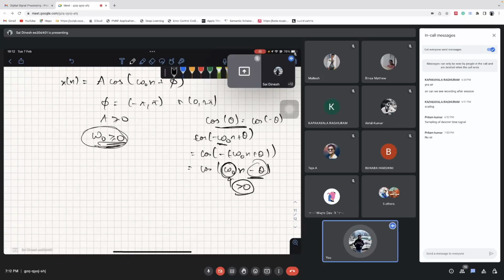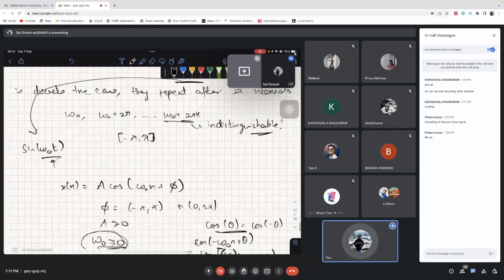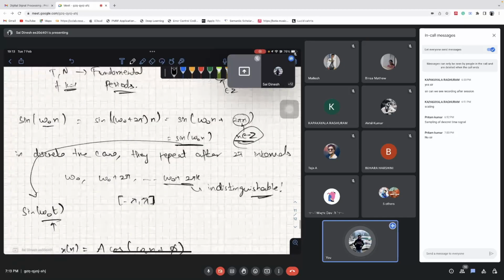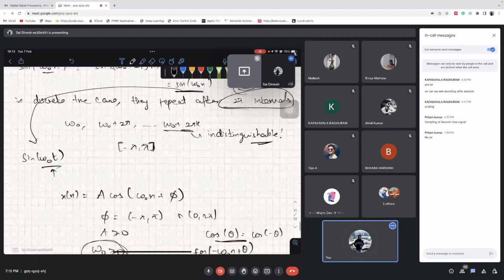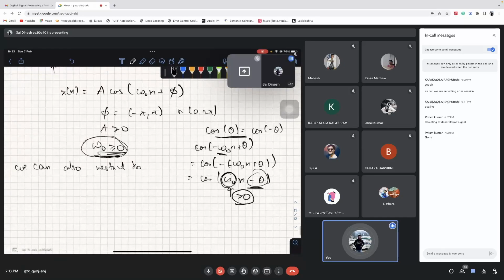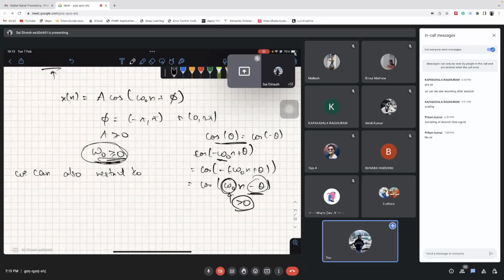But then we can also restrict, any guesses, with respect to this, and with respect to this? What is the value of omega restricted to in this case of a real sinusoid?